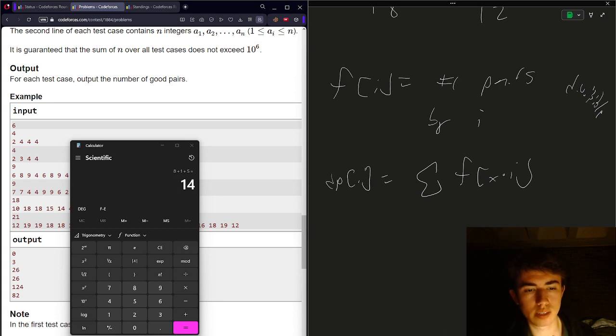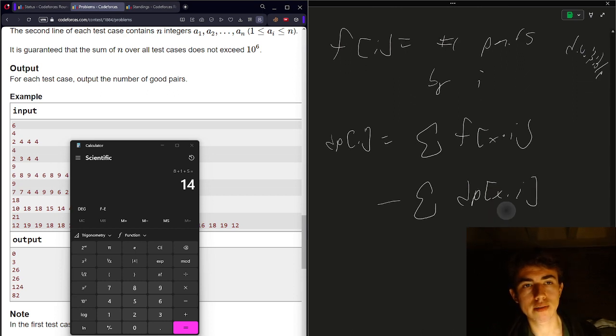Well, the other thing we need is to subtract out dp of x times i, but then the ones we're not counting for are the ones that have their GCD equal to this, right?